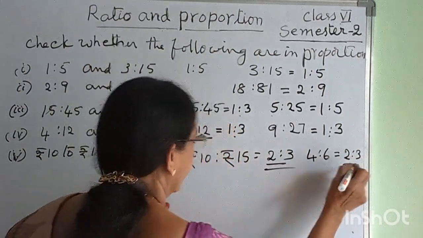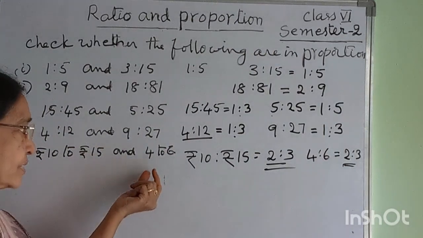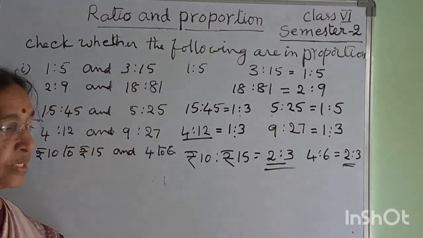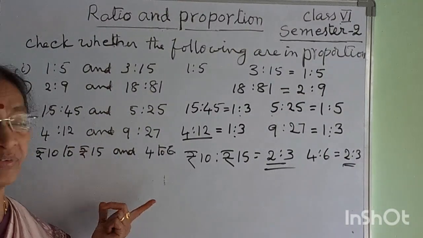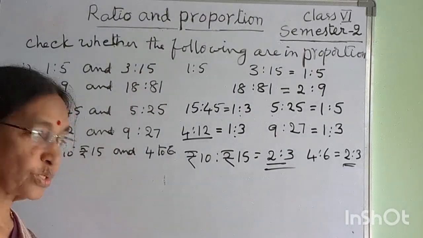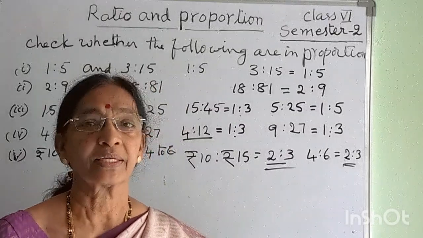Same ratio. The ratio of rupees 10 to rupees 15 is as 4 to 6. Both the ratios are equal. Therefore, they are said to be in proportion. So, if two ratios are equal, they are said to be in proportion.